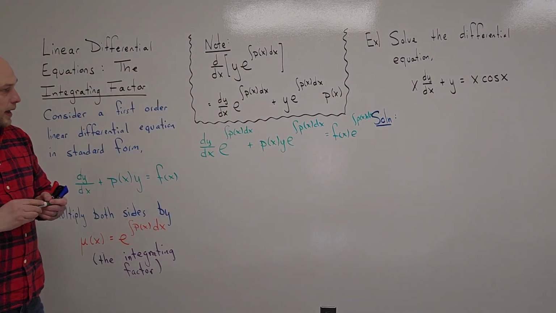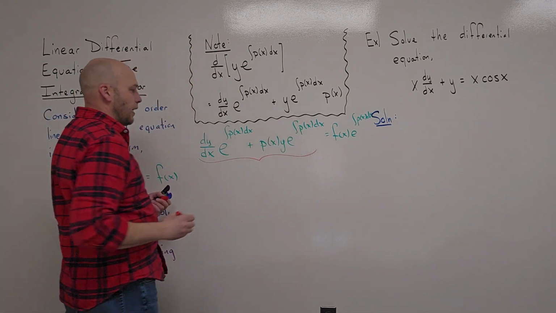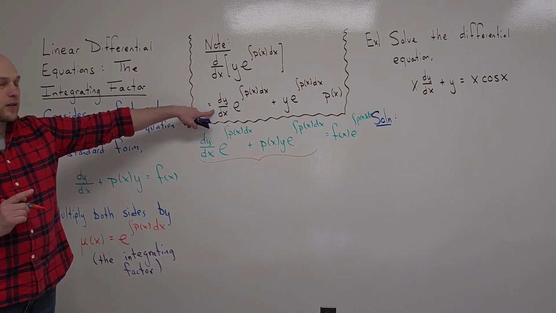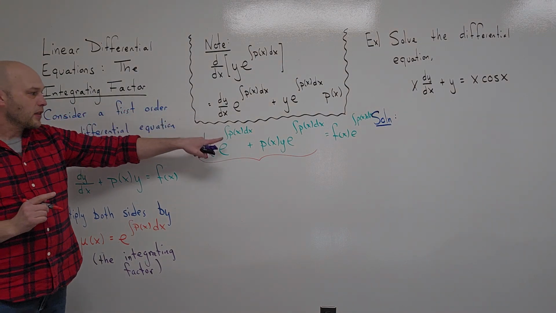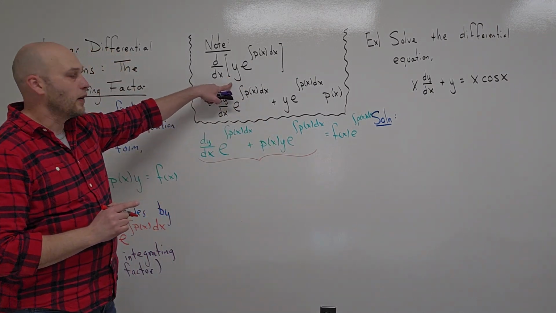Now look at this expression right here on the left-hand side of the equation. It matches what I have up here. That means I can combine those two terms as the derivative of a product.